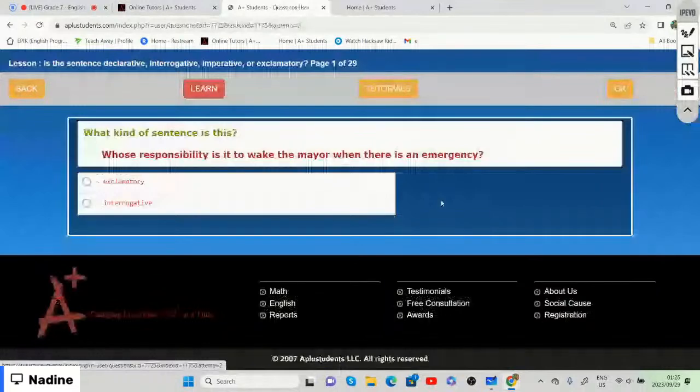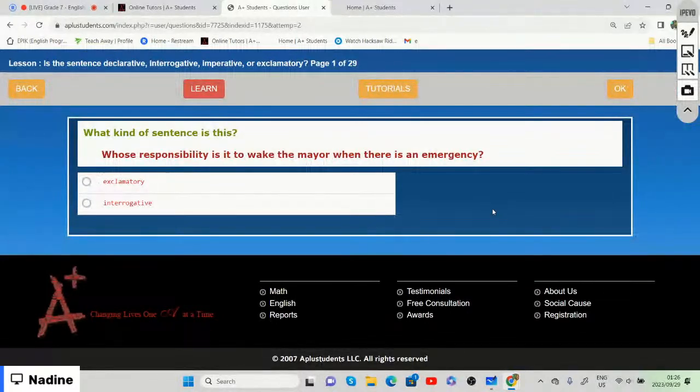We need to say what kind of sentence it is. The sentence is: Whose responsibility is it to wake the mayor when there is an emergency?